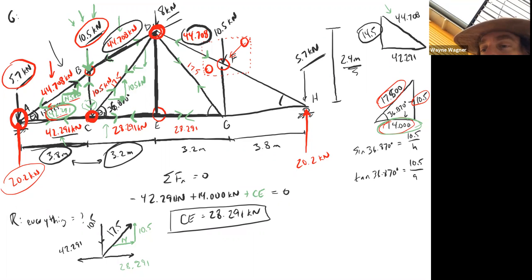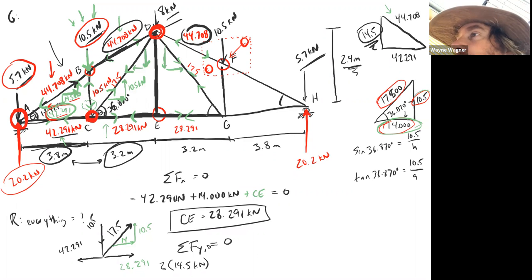So if I do the sum of Fy in joint D, I've got 14.5 going up twice, 2 times 14.5. And then coming down, I've got the vertical components of this one right here twice. Those are the vertical components of this 17.5, so that's 10.5.